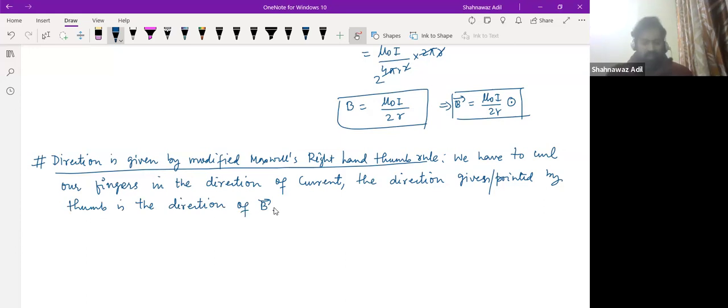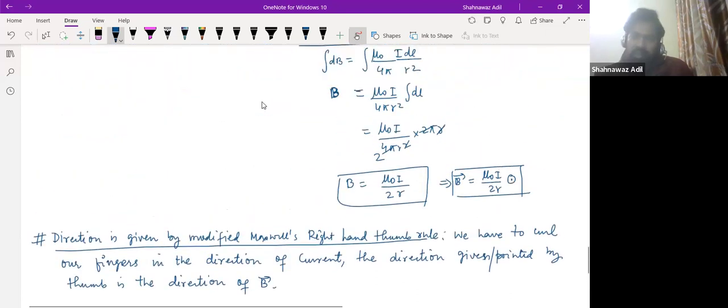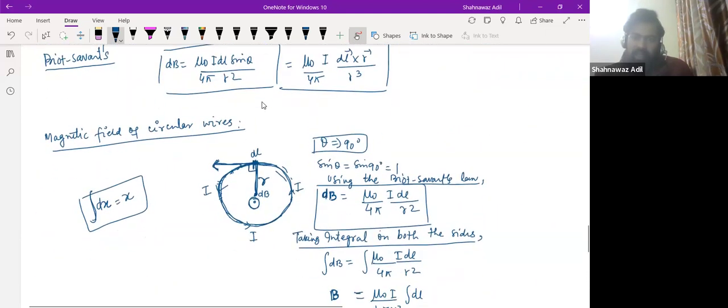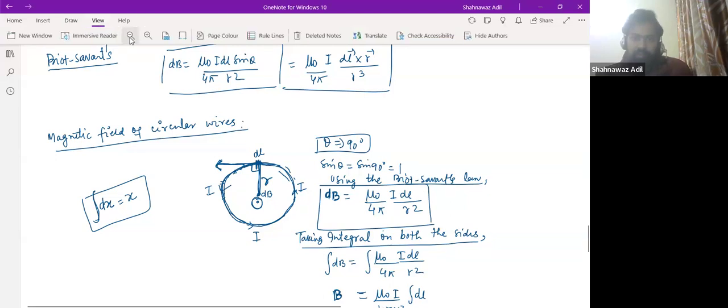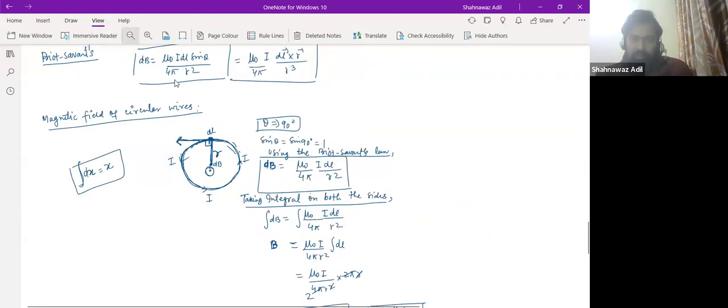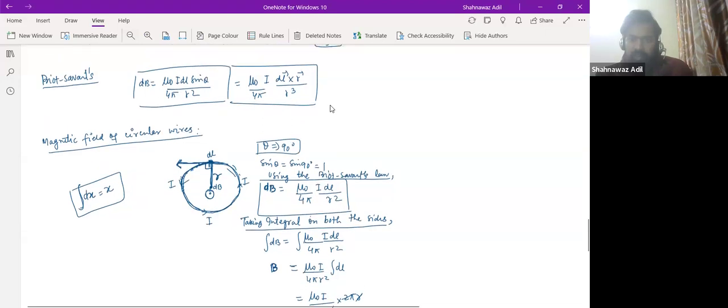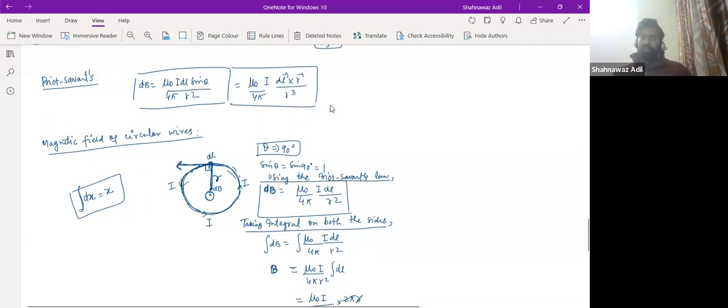Okay, so this is the modified Maxwell's thumb rule, right? Please note it down, and then we'll talk about the other shapes as well.